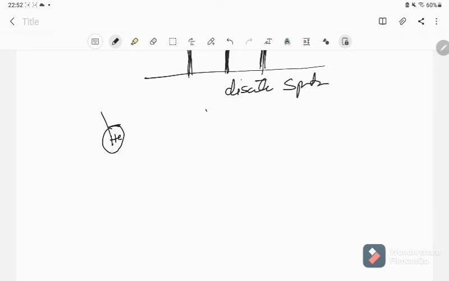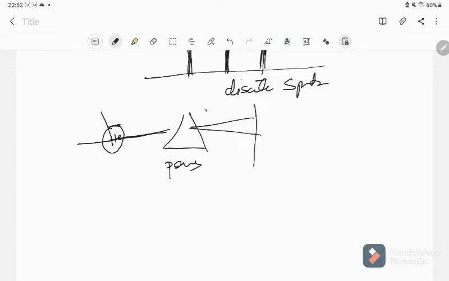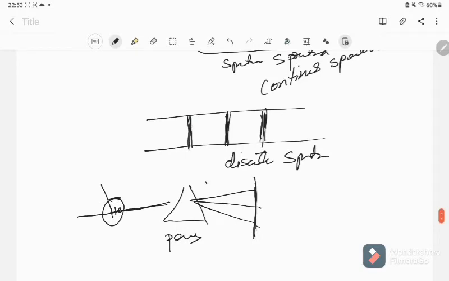Now when you heat this helium gas with electric current, radiation will be emitted. And if you place a prism, then here also you will get spectra. Since these are lines, they are also called spectral lines.